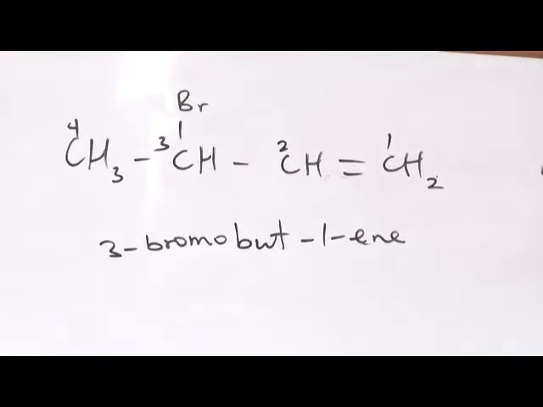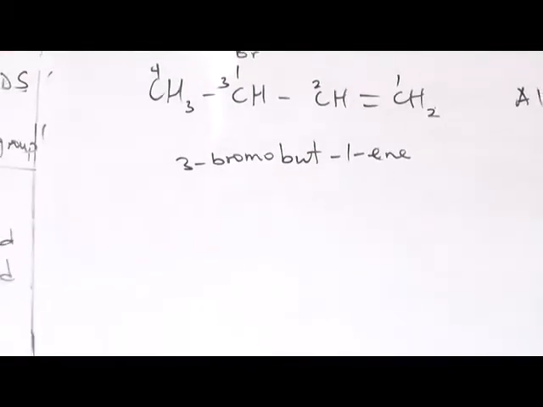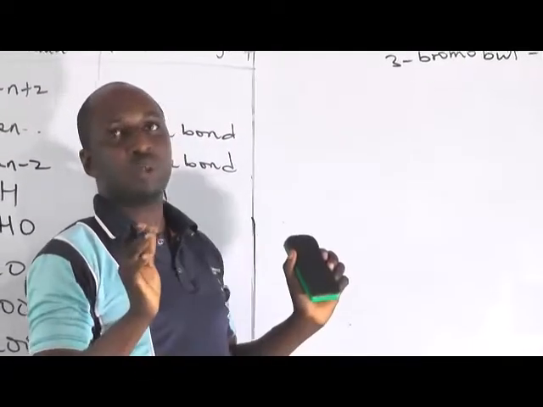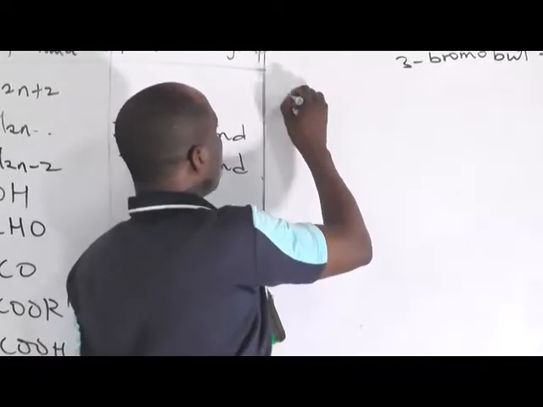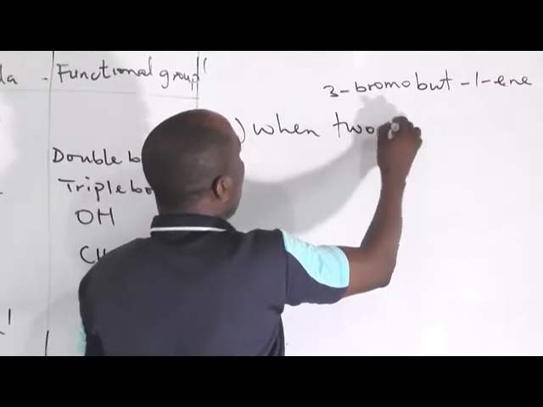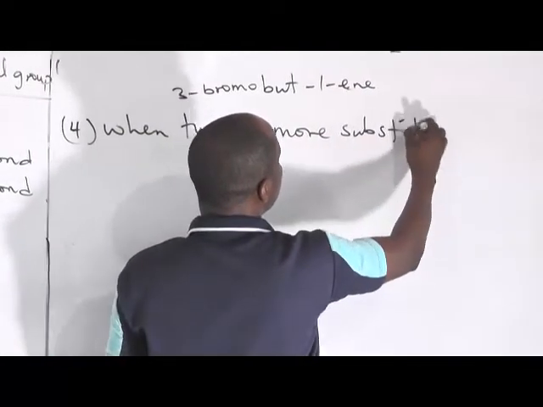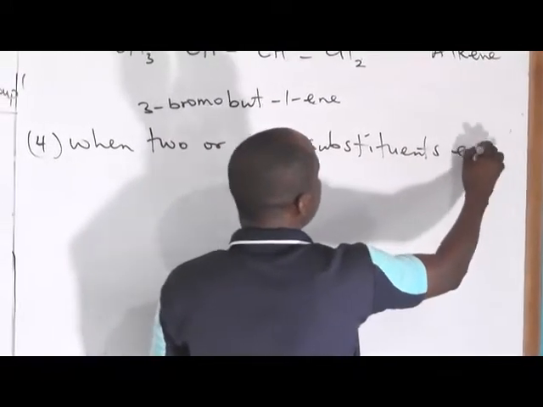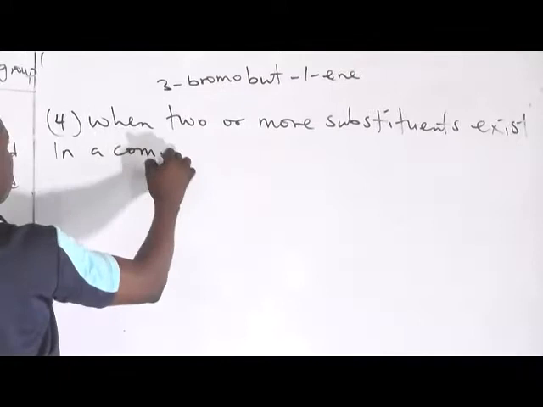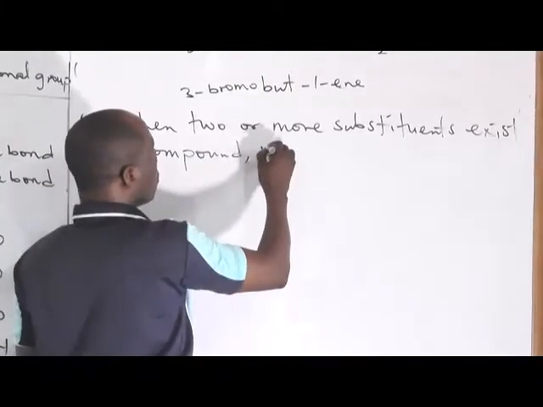Do you understand now? Now let's go to rule number 4. Rule number 4 is talking about when you have only substituents, no functional group in the compound. So rule number 4 says when 2 or more substituents exist in a compound, what do we use?